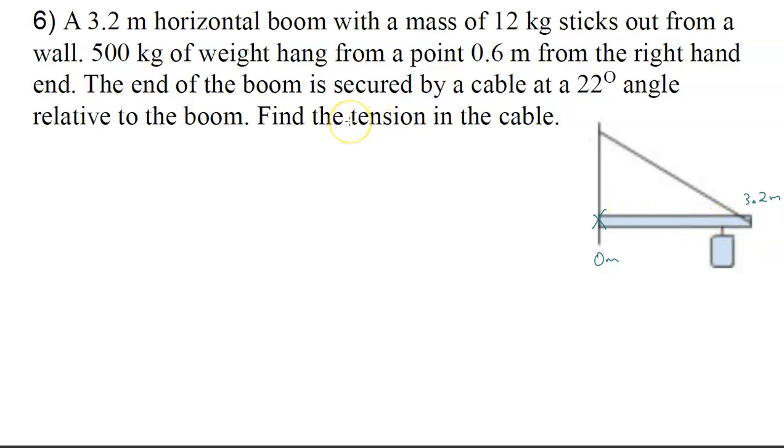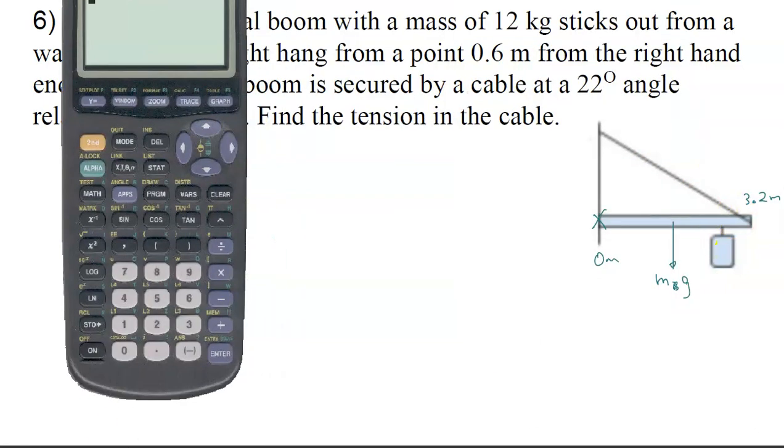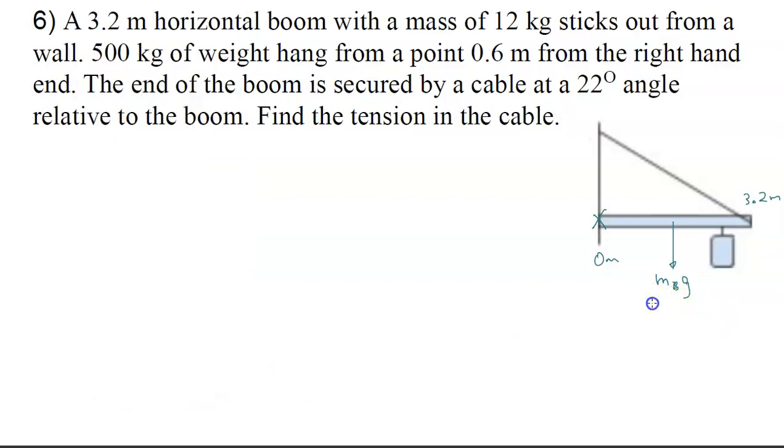They tell me that this thing has a mass of 12 kilograms, so the stick's mass is centered up right there, and I could take that mass of the beam times G and get the weight of that thing. I need a force, so convert it to weight. That was 12 kilograms times 9.8. Got myself 117.6 newtons right there, like that.